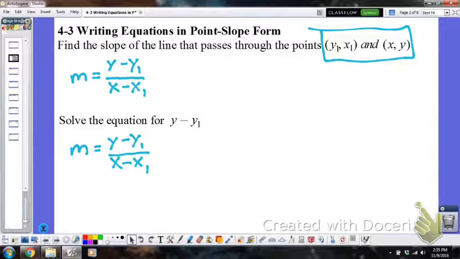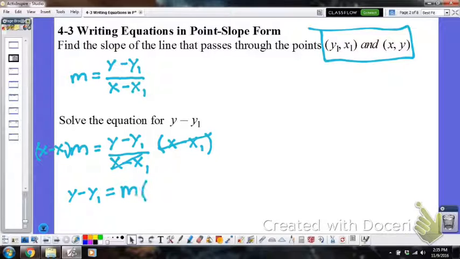Well, to undo division, I multiply. So I need to multiply both sides of my equation by x minus x1. The x minus x1s on the right side will cancel out. So that will leave my y minus y1 alone, and it'll be equal to my slope m times x minus x1.